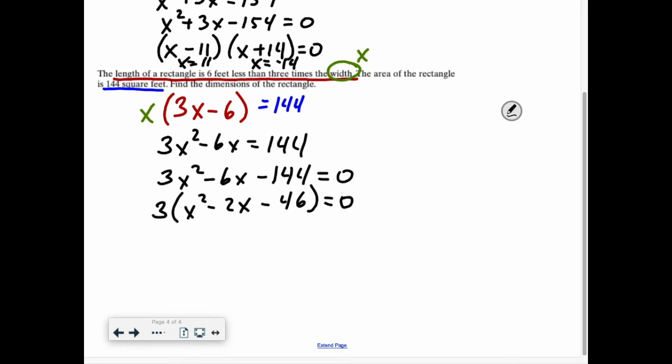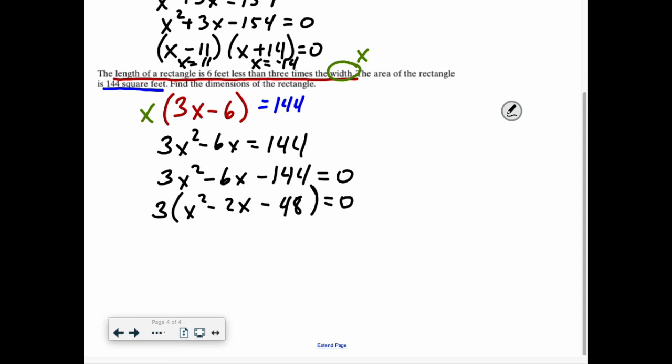Okay. Then I just need to split it up. I need to ask myself what two factors of negative 46 are going to add up to negative 2. Silly me, that's 48. You astute viewers probably saw that at home.